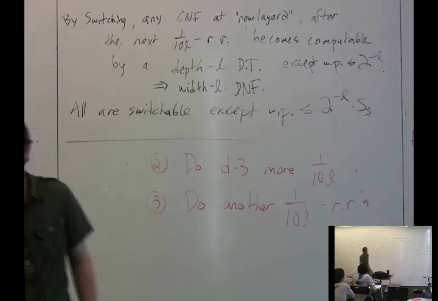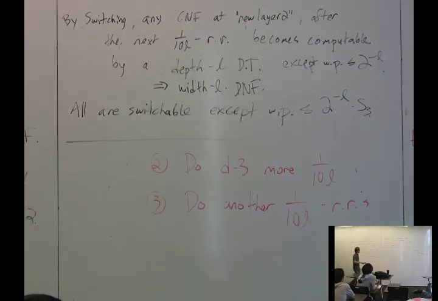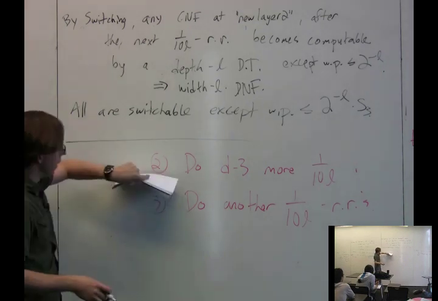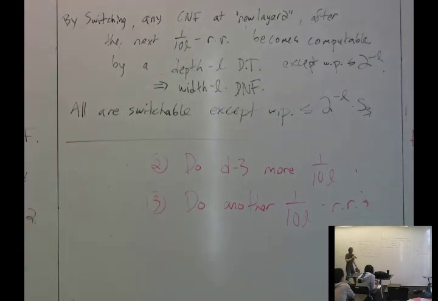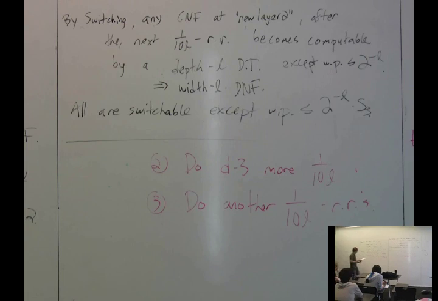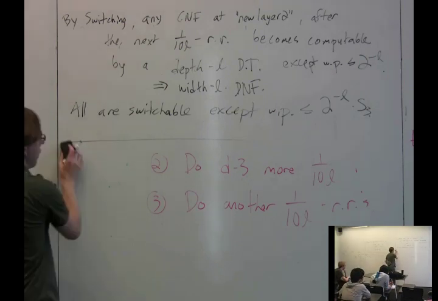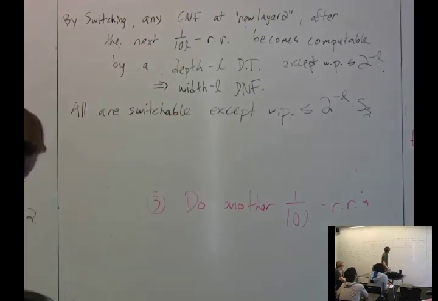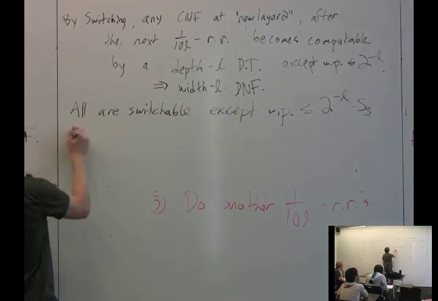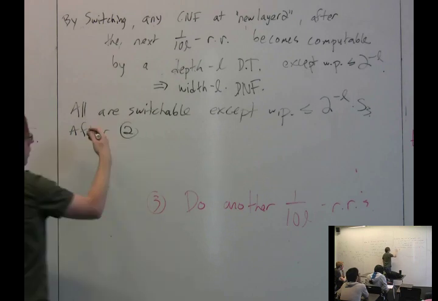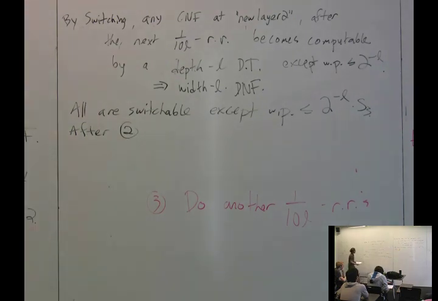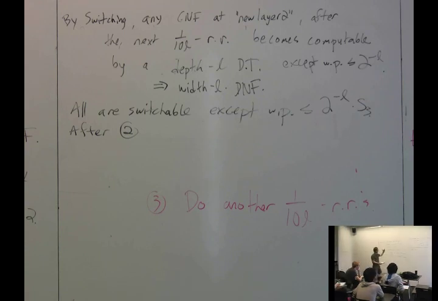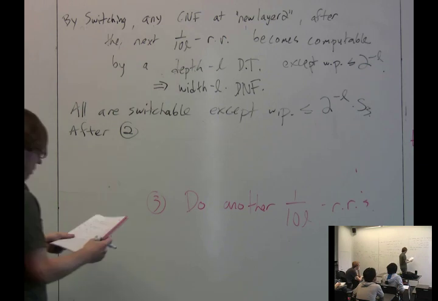Okay? And I'm going to keep doing this argument again and again, d minus 3 more times. I'm going to leave 1 off at the end. So after 2, I do this d minus 3 more times. D minus 3 is such that the final thing I'm at after 2 hopefully has depth 2.